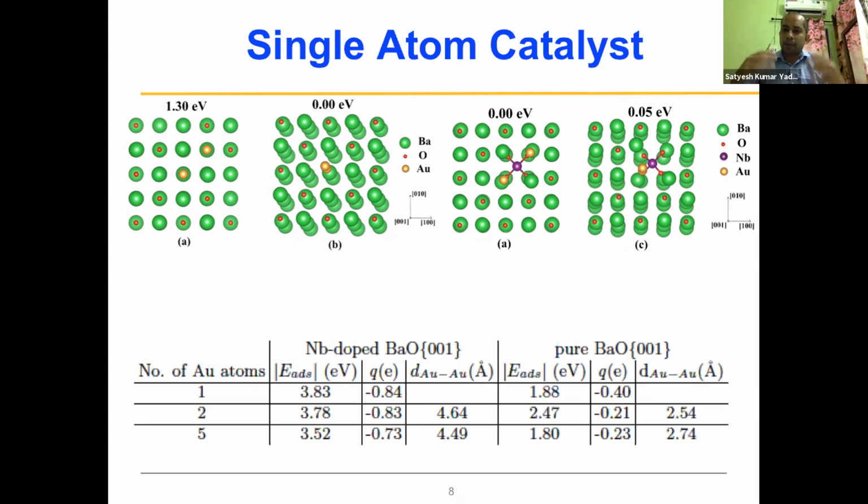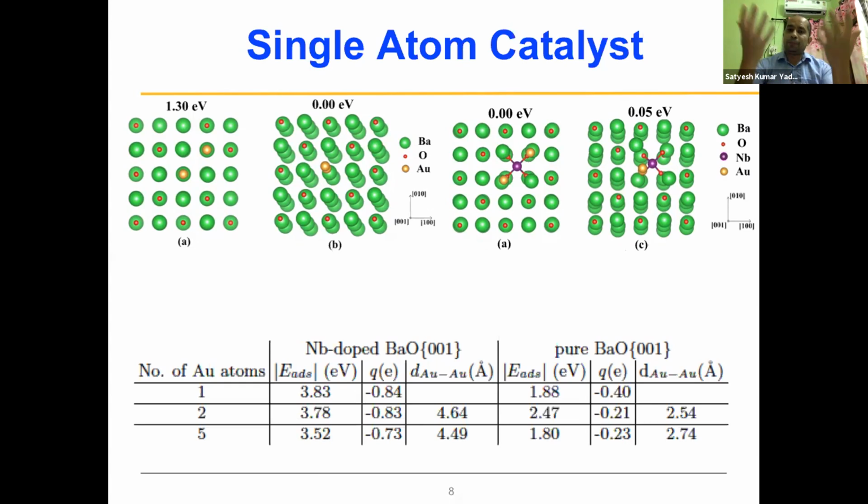So by doping a stable oxide like barium oxide, we show that the implanted ions could be stable at the interstitial site. That's another interesting thing that came out of these calculations: they would not substitute, but because barium oxide has such a huge space available in it, they can be stable at the interstitial site.